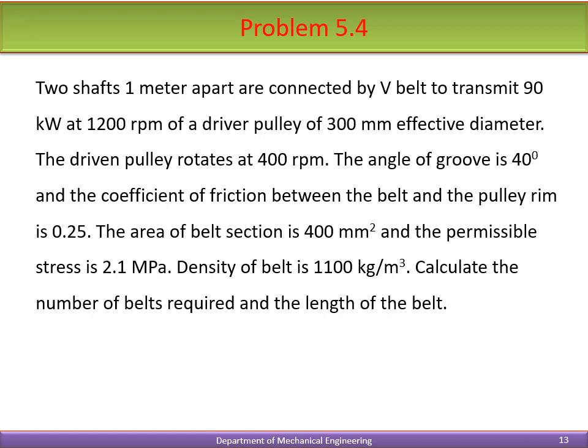The angle of groove is 40° and the coefficient of friction between the belt and the pulley rim is 0.25. The area of belt section is 400 mm square and the permissible stress is 2.1 megapascal. Density of the belt is 1100 kg per meter cube. Calculate the number of belts required and the length of the belt.